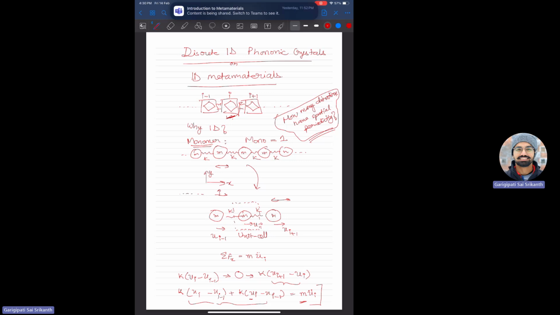So this is periodicity in one direction, and in each unit cell, we only have 1 degree of freedom. So we call it a monomer. Mono is 1.